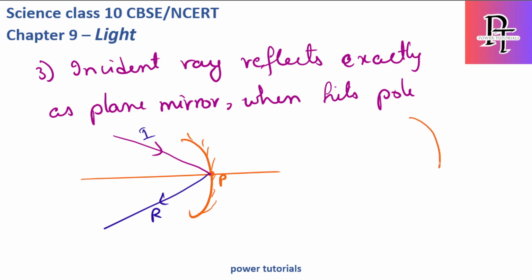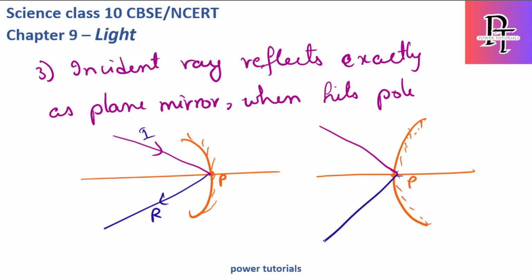Same as here, if I take convex mirror like this, shaded on the inner side, this is the pole. Take the incident ray, then I told you the reflected is the same.